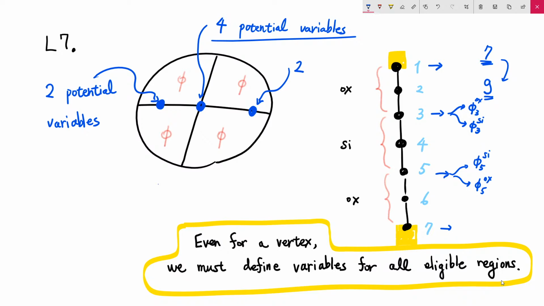So now you have two more redundant unknown variables, and in a large system this matters.